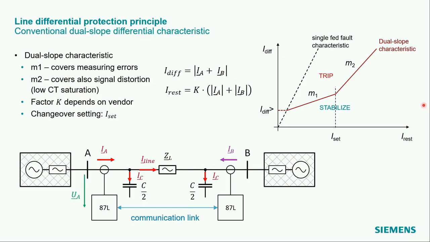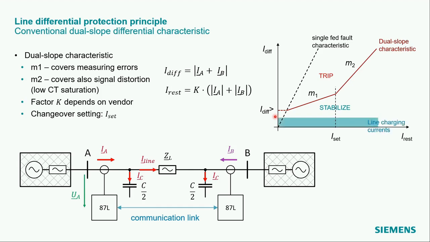A very common stabilization for the line differential protection is the so-called dual slope characteristic, which is shown on the top right figure here. As explained before, the minimum pickup threshold IDIF greater than will consider and stabilize for the capacitive charging currents.